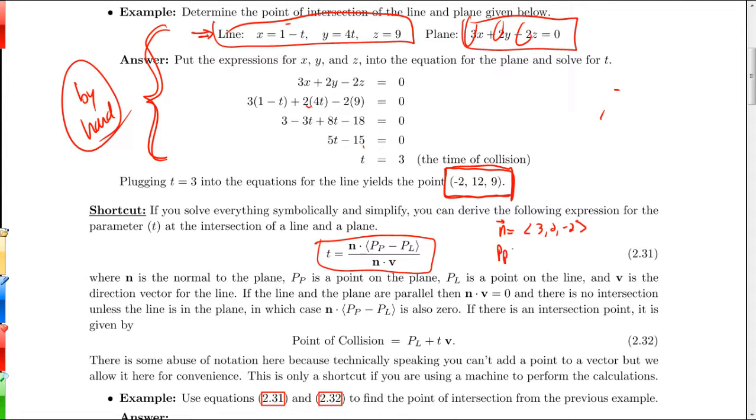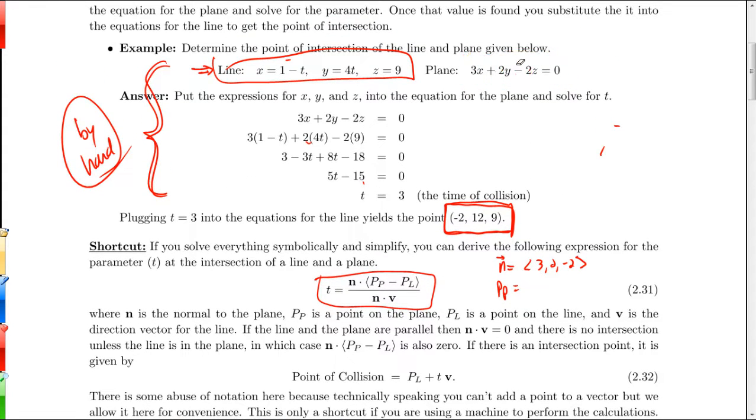I need a point on the plane, and there are infinitely many, but the easiest one is if you let x equal 0, let y equal 0, that means z equals 0. So that point on the plane is just 0, 0, 0. A point on the line, well, now I have to go to my line.